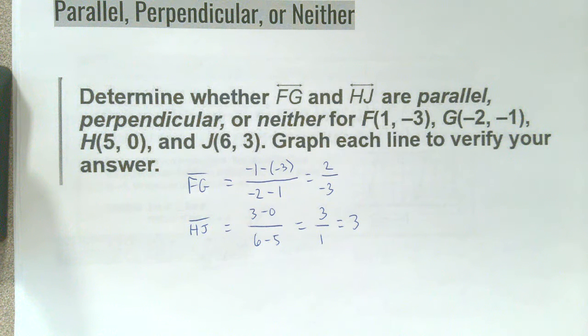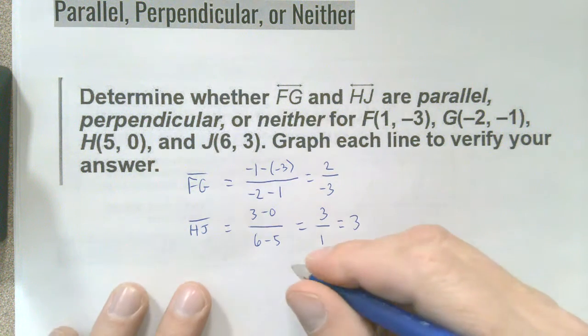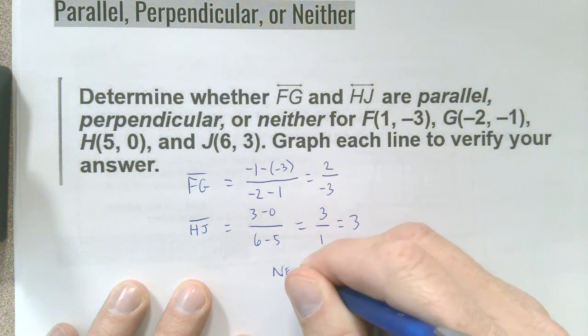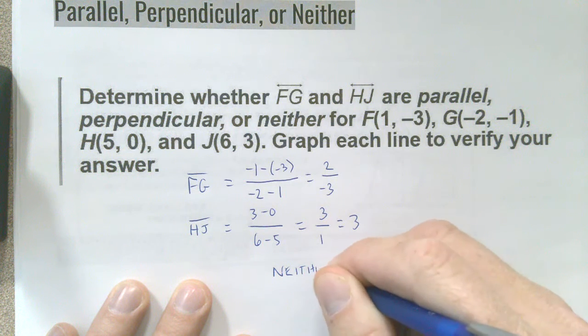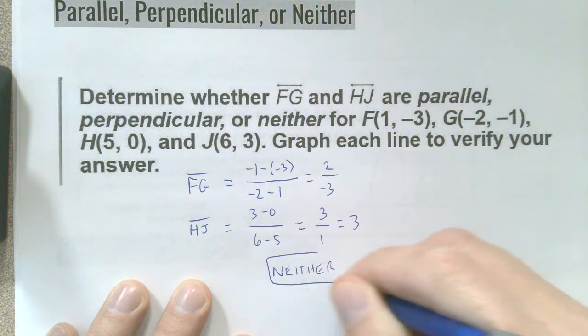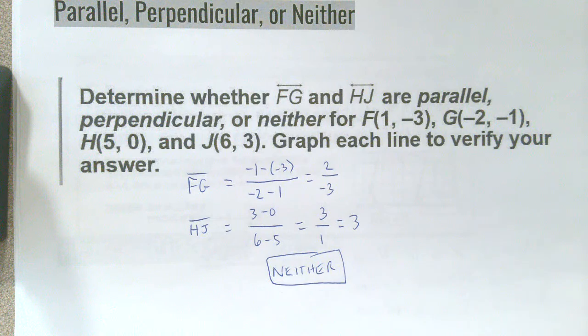So once we find the slopes, then we're going to determine, are they parallel, perpendicular, or neither? What do you think? Neither. This would be neither, because they're not the same, and they're not opposite reciprocals. So you would say this one is neither.